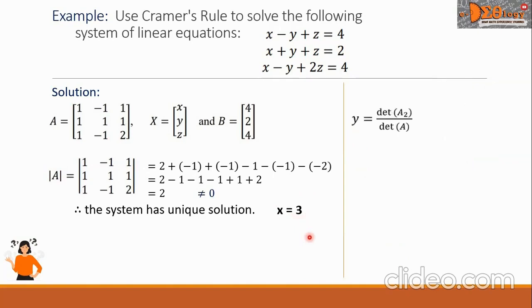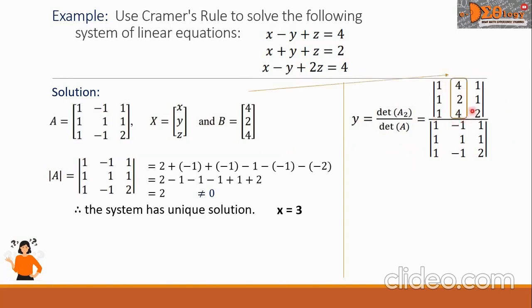Let's proceed with the variable y. This is equal to determinant of A sub 2 over determinant of A. We copy the matrix A in the denominator. In the numerator, we have the matrix A sub 2. It is similar to our matrix A except the second column is replaced by the constants. Then we evaluate the determinants respectively.